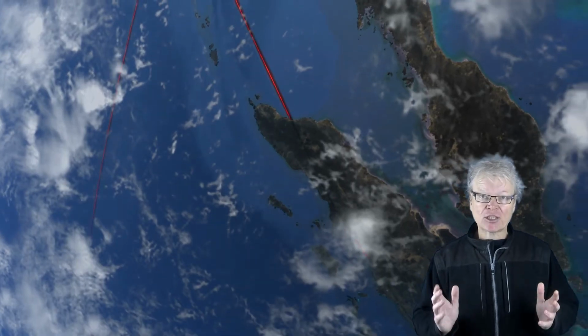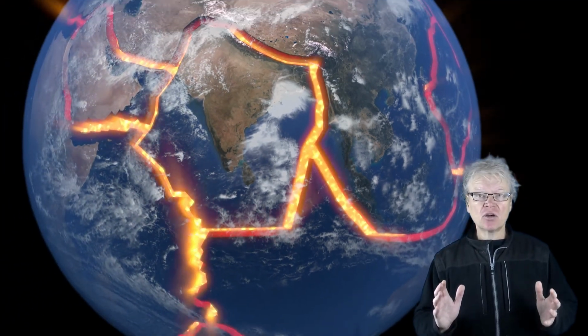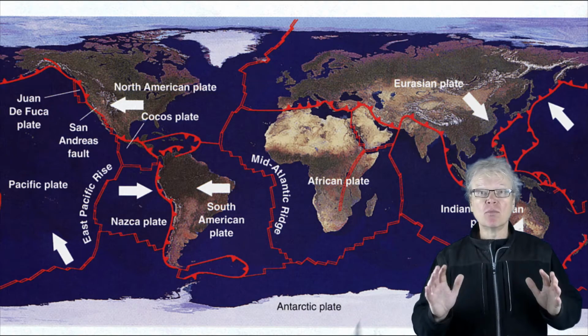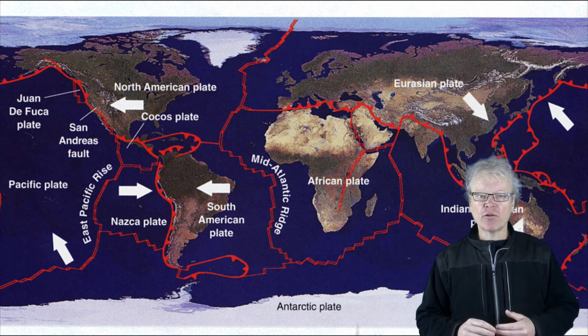And those boundaries are very active tectonically, meaning that they move. They're very volcanic and they are mobile. The Earth is not a static system of just a solid crust. Those plates move around, and you can see here the arrows representing how they move around.